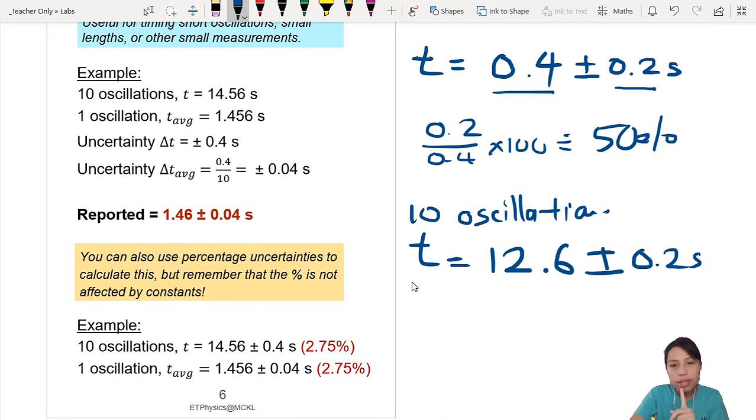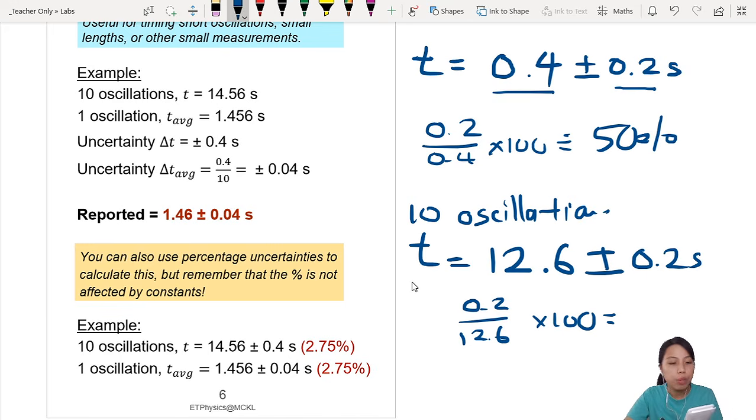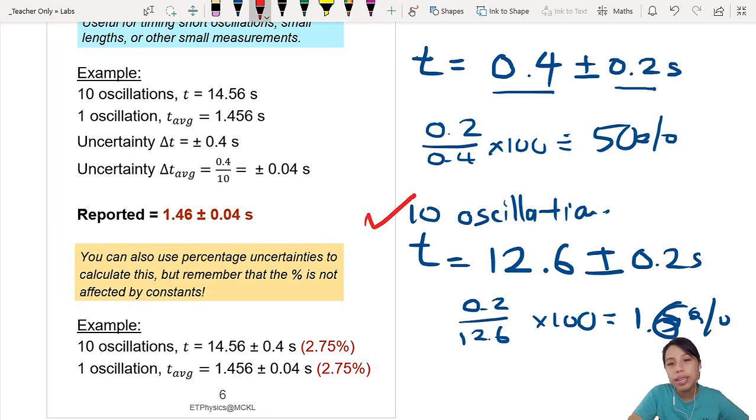So you check the percentage uncertainty. This is 0.2 over 12.6 times 100. What is that? 0.2 divided by 12.6. Much smaller. Now your uncertainty becomes 1.6% only. So this is much better. It's called a good experimental technique. If it's hard to time something, make your time longer.